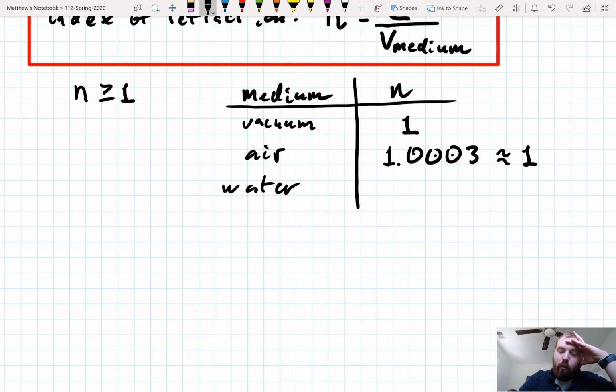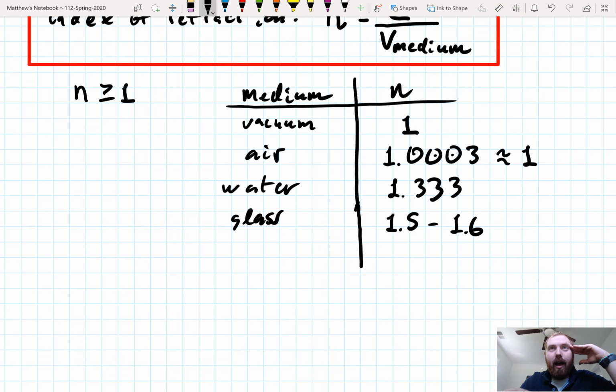We could say water, which we'll say is 1.333. Glass. How much does glass bend the light? Well, it depends on the type of glass you use. It's anywhere between 1.5 to 1.6 for most types of glasses that we see. And diamonds. Let's go to the higher end now. Diamonds, known for their brilliance, how they reflect and refract the light around.